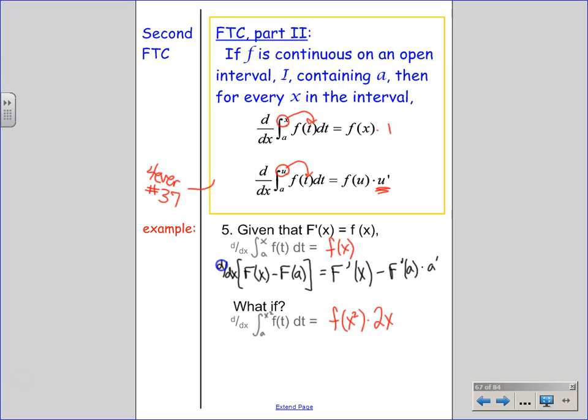What rule did I just use? I'm actually not using FTC quite yet. I'm just taking a derivative, and the derivative of this guy is his prime, minus the derivative of this guy. What rule did I do right here? Derivative of the outside, keep the inside, times derivative of the inside. Chain rule.